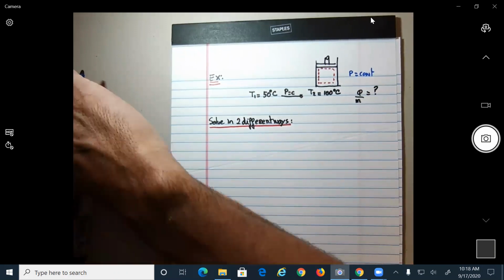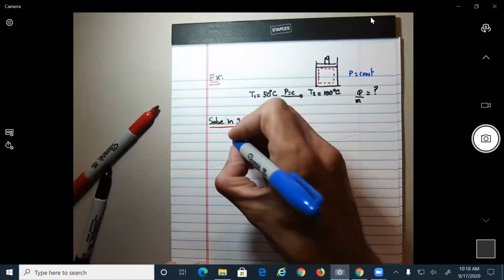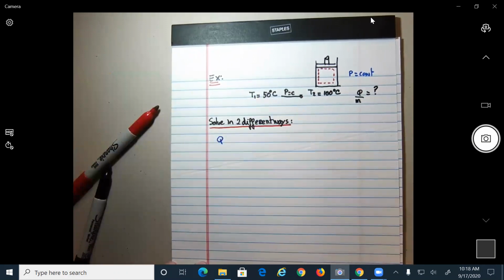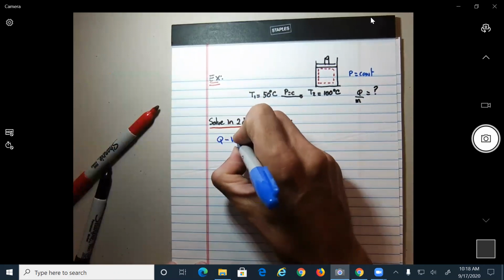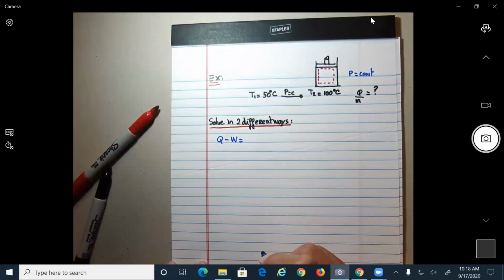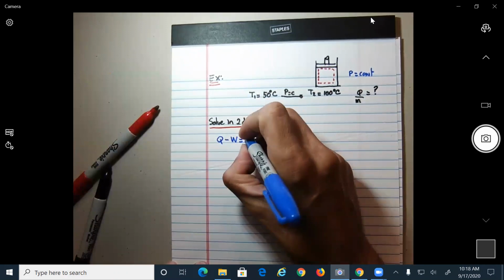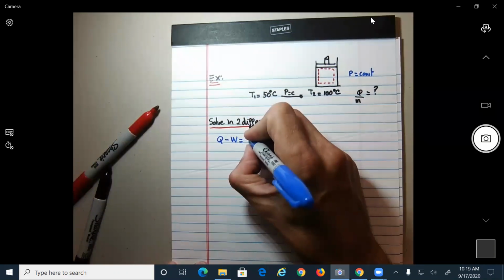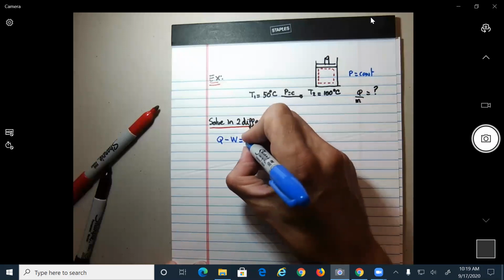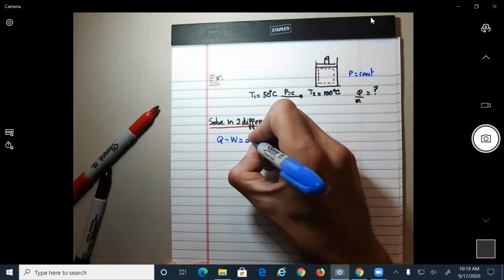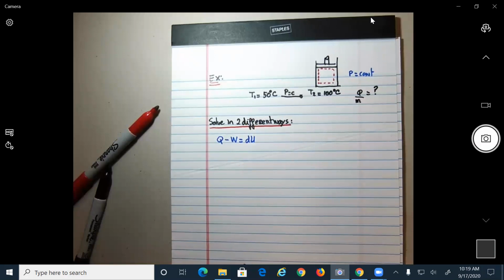Okay, so the first thing we're going to do is what? We're going to use the equation for the first principle of thermodynamics, which is what? Q minus work. If we neglect kinetic and potential energy, this would just be equal to the change in internal energy, delta U or dU. All right?